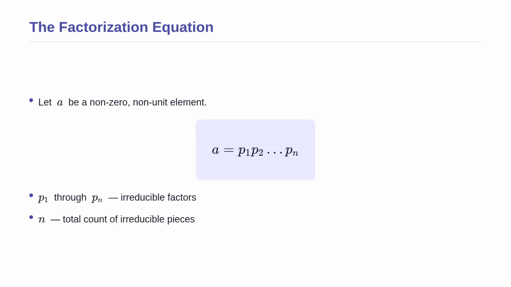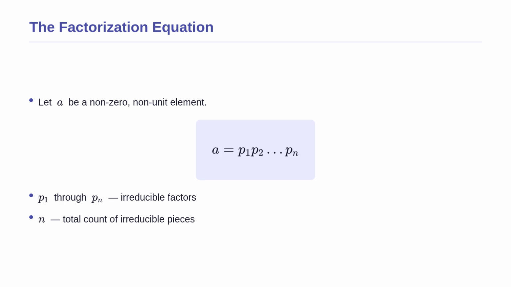Let us translate this concept into a mathematical formula. When we take a non-zero, non-unit element, which we will call A, we want to break it down. The formula shows A equals P1 times P2 all the way to Pn. Here, the symbols P1 through Pn represent the irreducible factors, which are the indivisible building blocks of our ring.